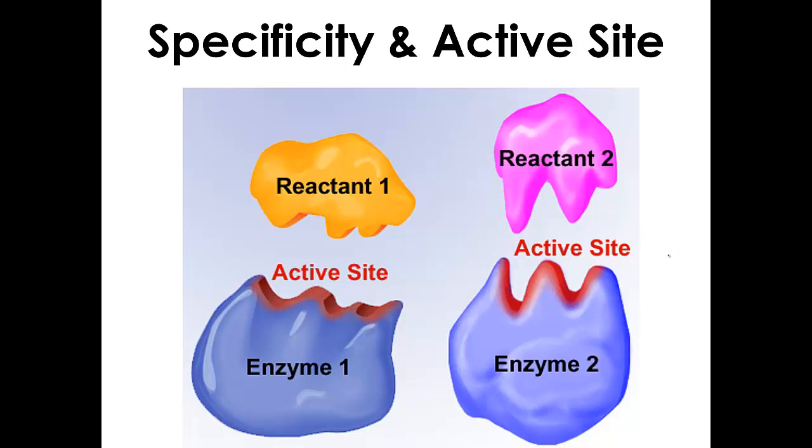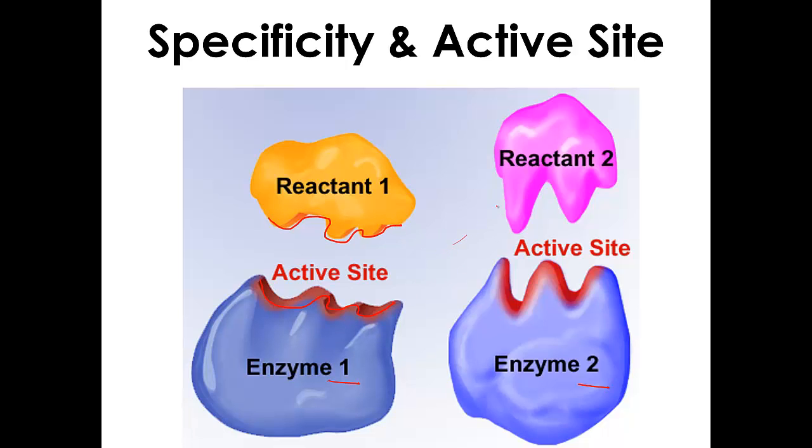talking about the specific point, the second point, I can show you from the picture. You can see for different enzymes, let's say this is enzyme 1, this is enzyme 2, they have their own specific reactant. That's because their active site is specified for certain kinds of reactants.